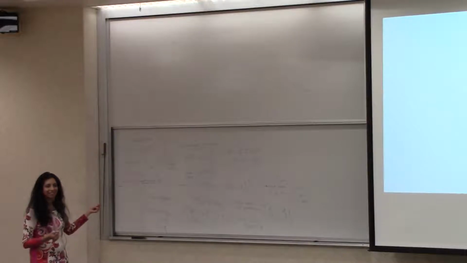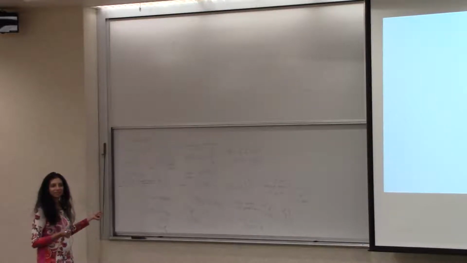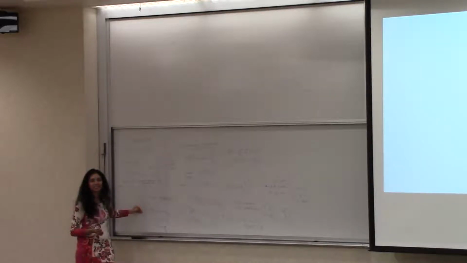Does everybody see that? Why are we getting the global optimal here? Somebody else. Why are we getting the globally optimal solution here? How many points are satisfying the second order condition?